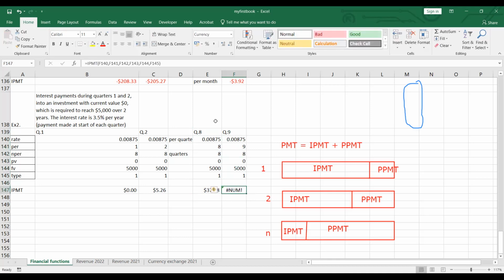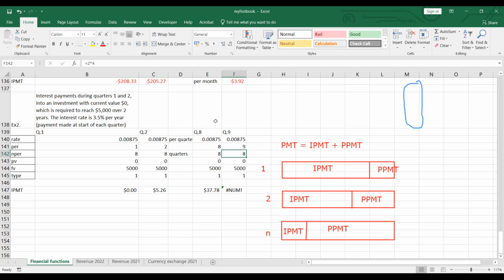#NUM! here means that it's an error about the number. There must be a number in one of the arguments in this function that has the error, and we found that it is here, number 9. The reason is because we say that we would like to pay in 8 quarters only. nper is 8, so the maximum per must be 8.